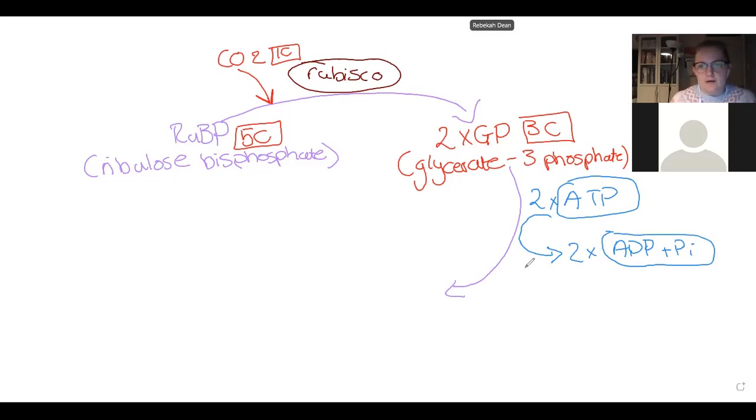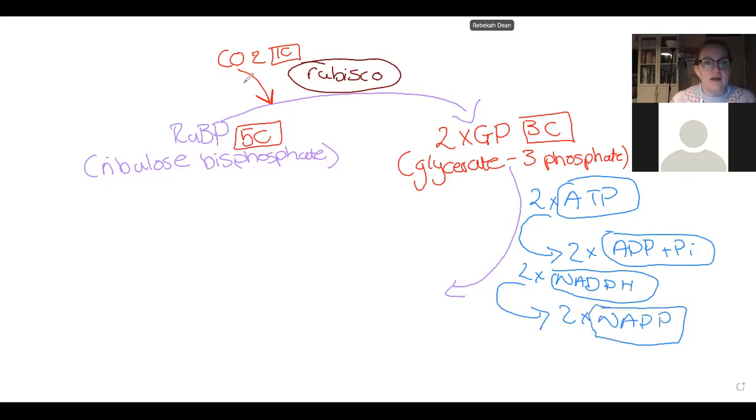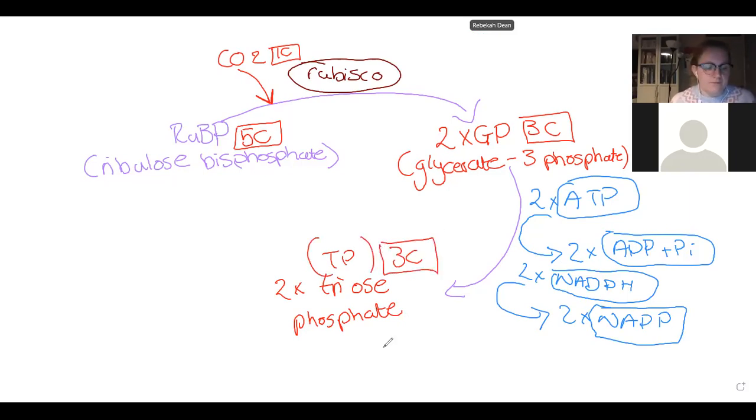And it's also reduced by our reduced NADP, which will then just become NADP. When that happens, we then get 2 triose phosphate molecules, otherwise known as TP. These are 3-carbon compounds.